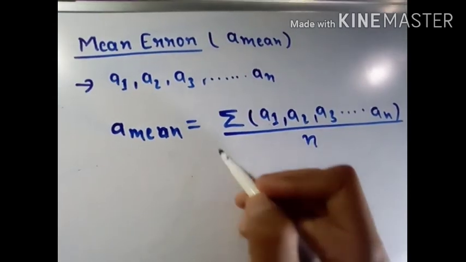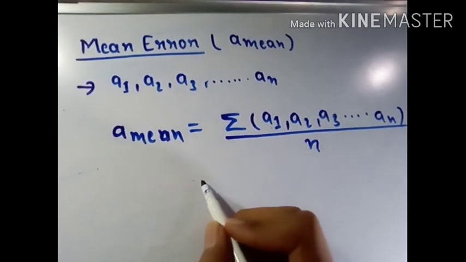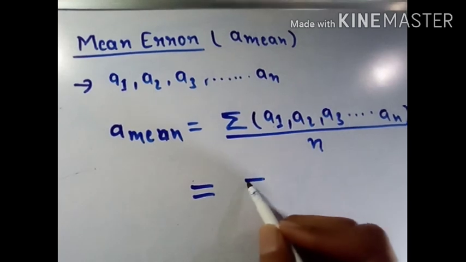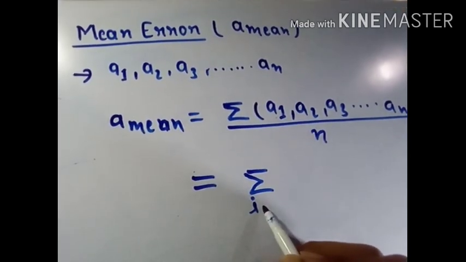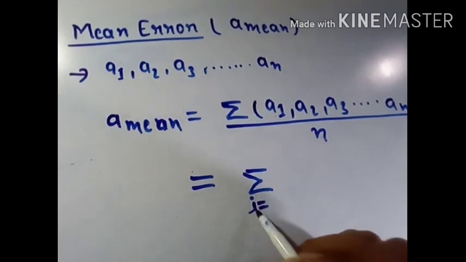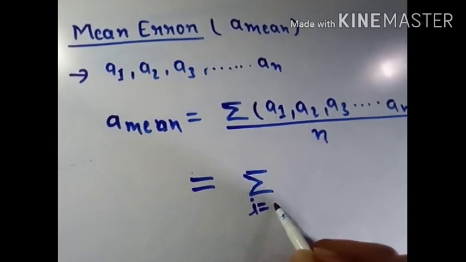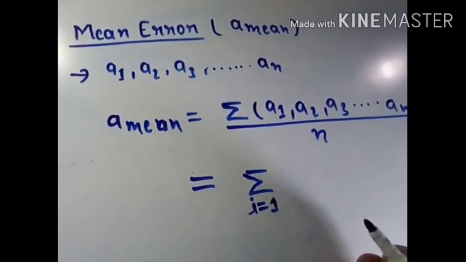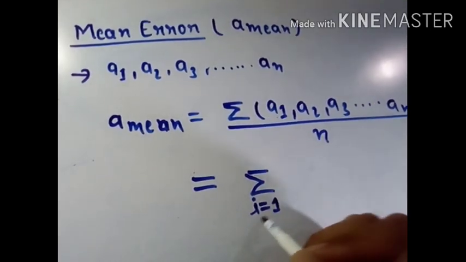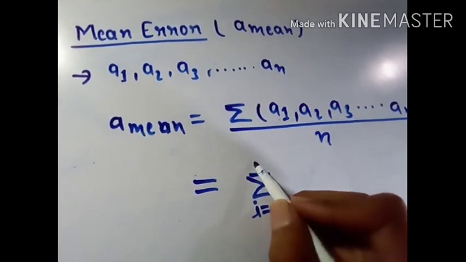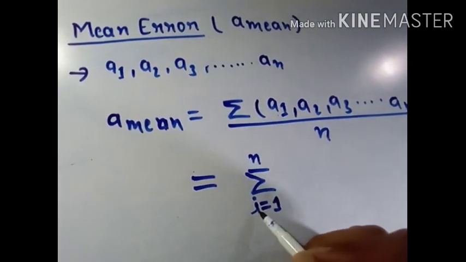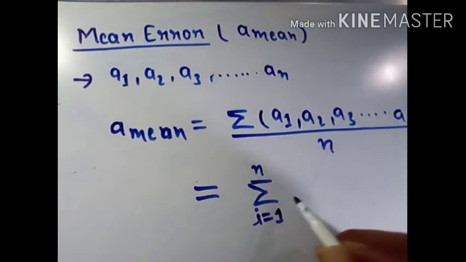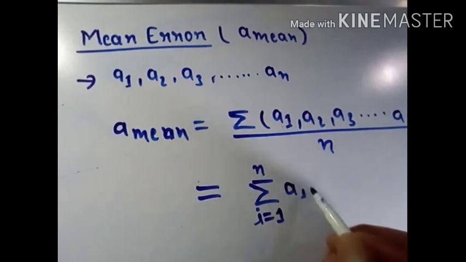Understand? So let us compress the formula. I am taking i as a variable and taking its value equal to 1. You will understand how to write it soon. This 1 and n means the value of i is changing from 1 to n, and we have ai.